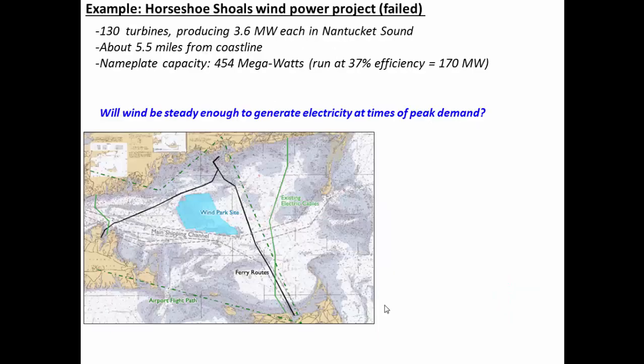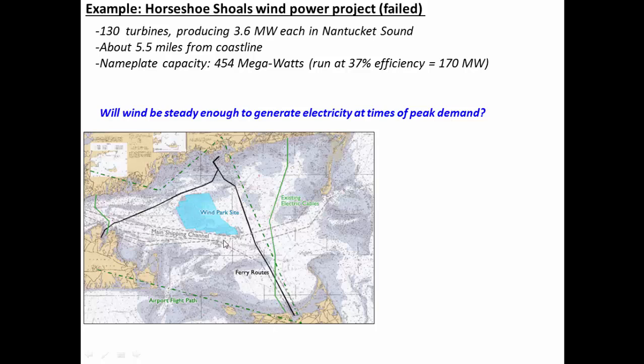An example of an offshore wind project is Horseshoe Shoals in Nantucket Sound. This project looks like it's been defeated now, but it was on the books for many years. The idea was to put 130 wind turbines right in Nantucket Sound. So I think this is the coast of Massachusetts, and this is the island of Nantucket here.